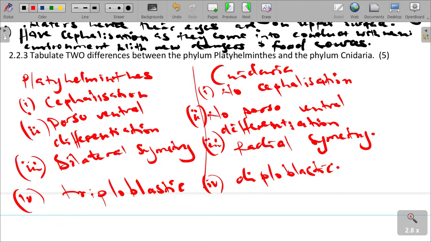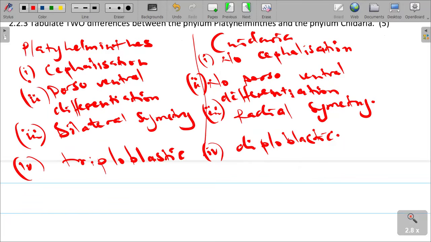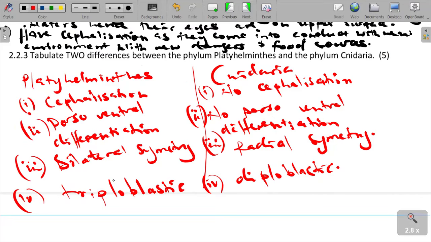We are saying here we talk about three layers, and the other one has two. We are talking about tri, which means three, and di, two. That is the difference which you must always be able to note as you go to the exam. Please take note of this.